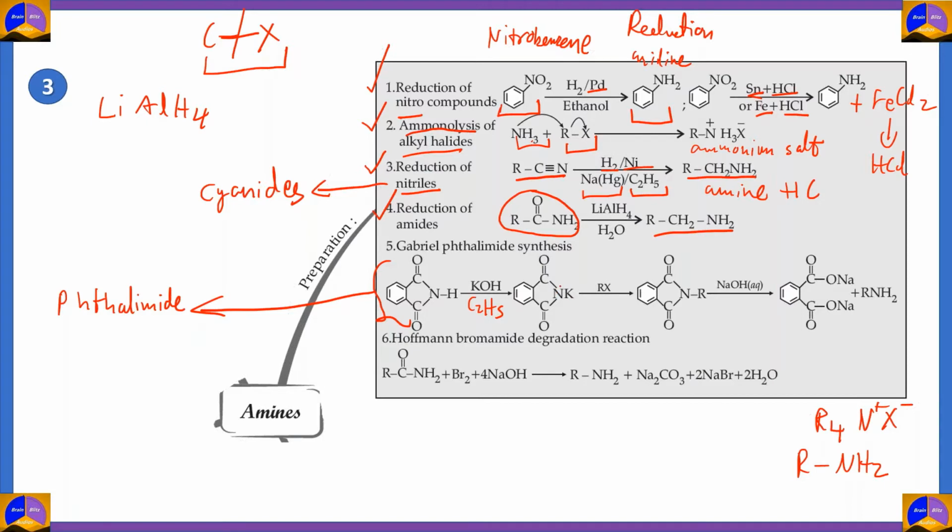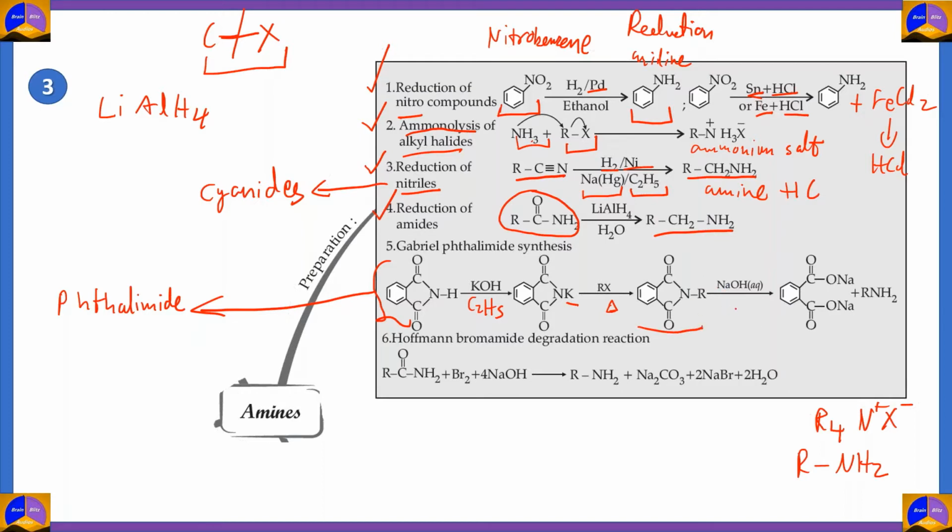So this is basically a phthalimide, but instead of the H, you have a K. K stands for potassium. And then we heat it with an alkyl halide. So you have an alkyl halide, you have this potassium salt, and now you heat it, you get an N-alkyl phthalimide. So NR is now present.